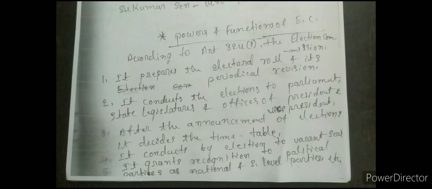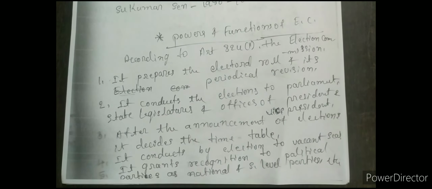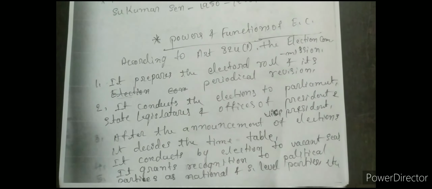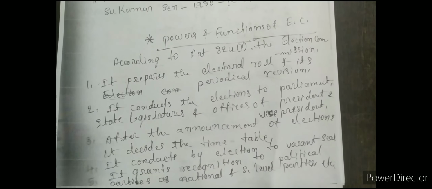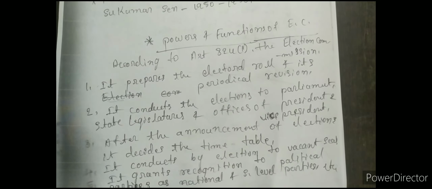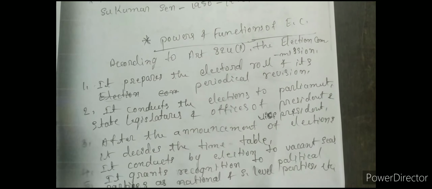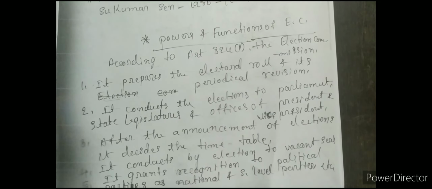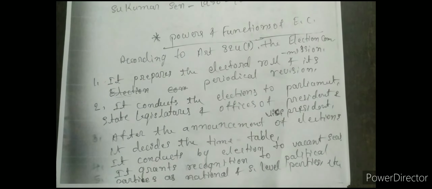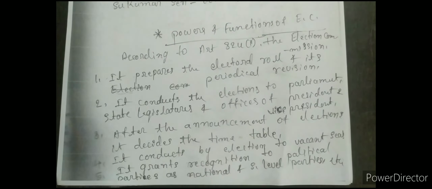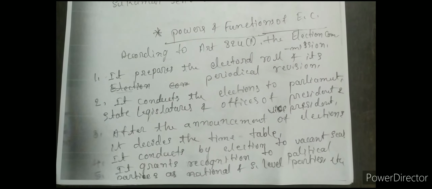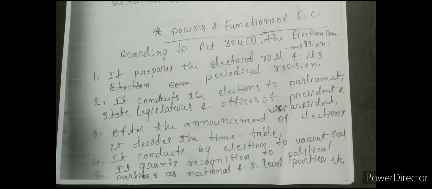Next, very important, the powers and functions of the Election Commission. According to Article 324(1), the Election Commission has many powers and functions. First, it prepares the electoral roll and its periodical revision.